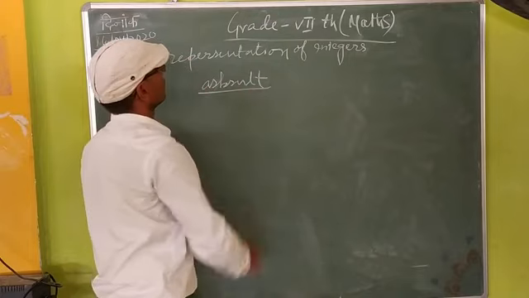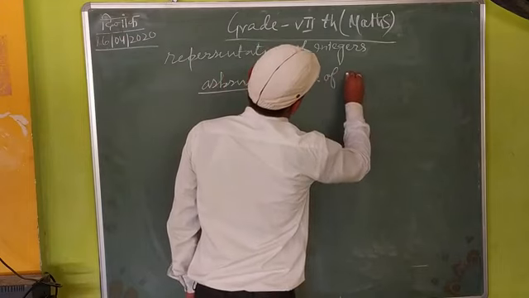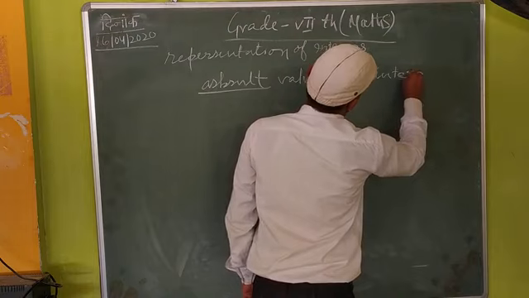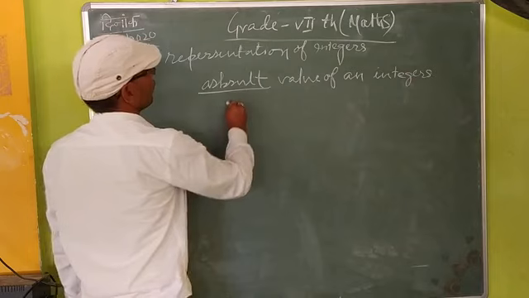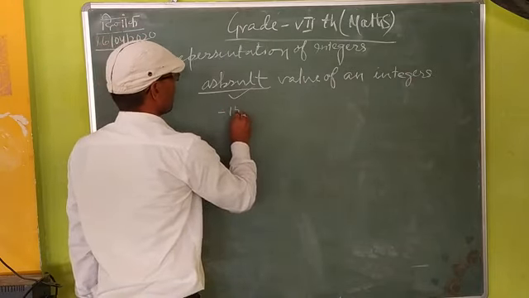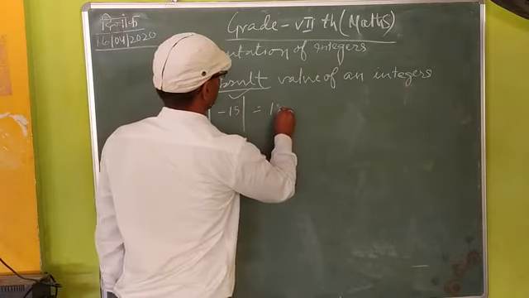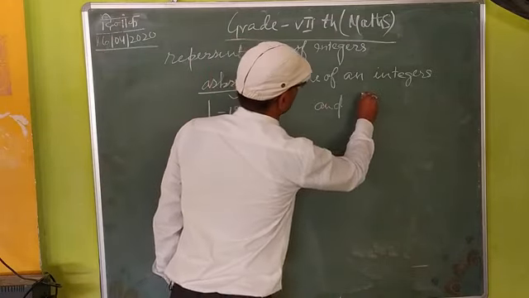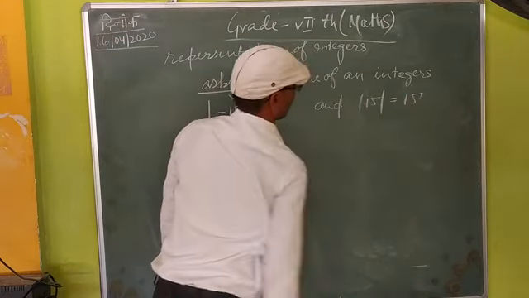Absolute value of an integer. Absolute value of an integer means if it is -15, you will write it as +15, and if here is a +15, it will be the same +15.